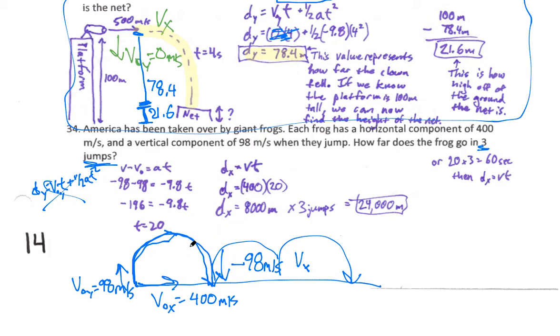Realize that now we're dealing with the x direction because we want to know how far they got. Our velocity is 400 meters per second. Time would be 20 seconds for one jump, so that's 8,000 meters for one jump, and then multiply it by 3 and you get 24,000 meters either way. So either way you take a crack at it, you get to the same answer there. All right, hope that helps.